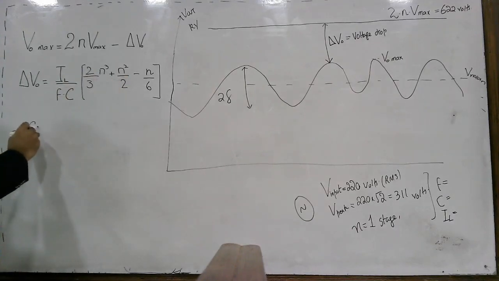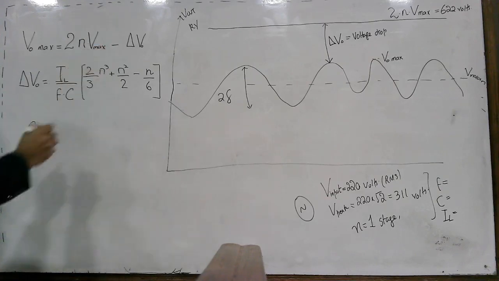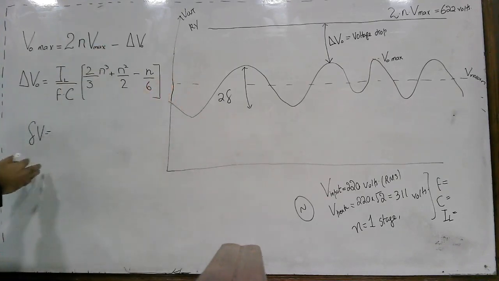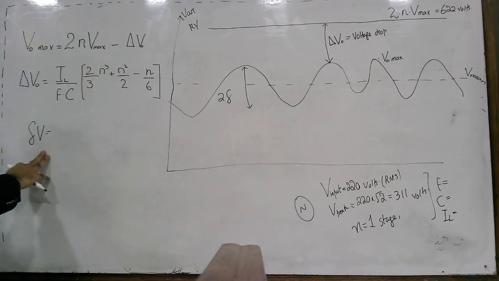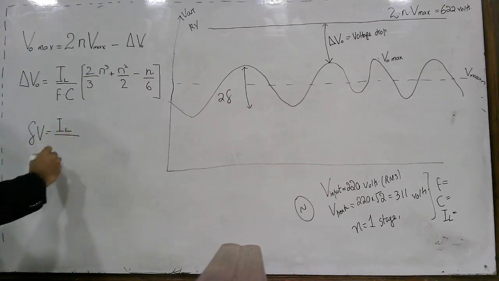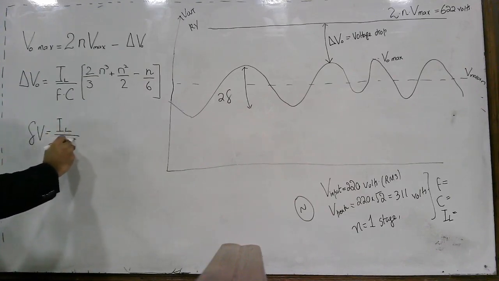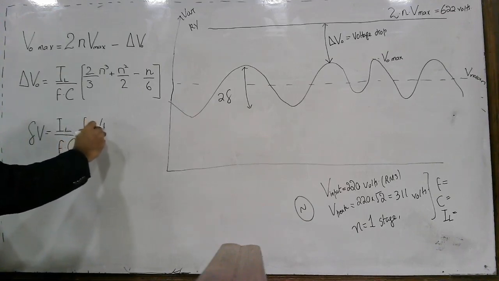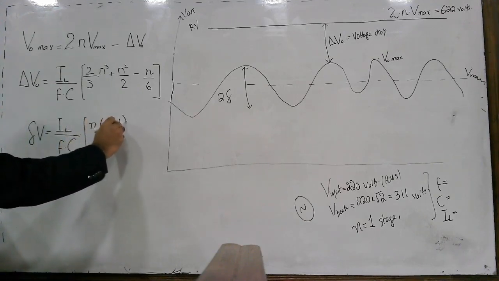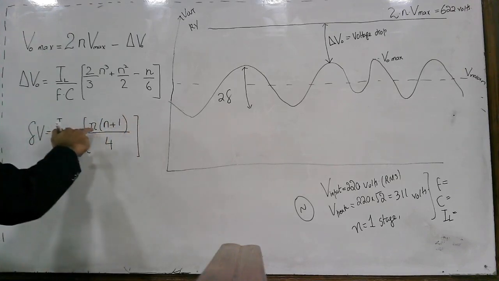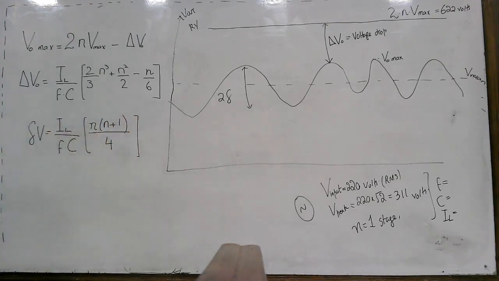Okay, so this value, the peak to mean ripple, delta V, you can find out in this way. It comes out to be IL divided by frequency into capacitor into n plus 1 divided by 4. n is the number of stages.